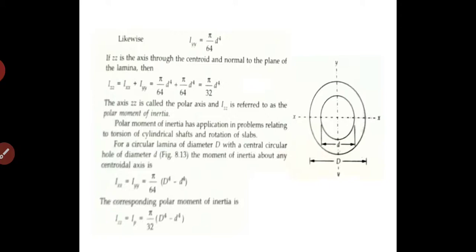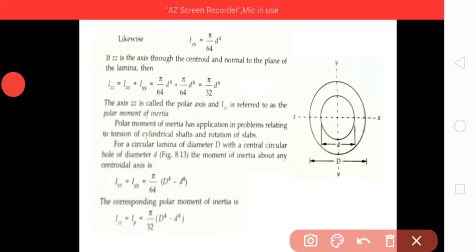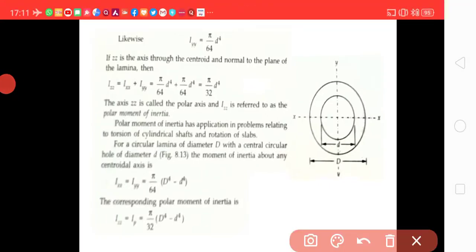If zz is the axis, as I told you earlier, it is the axis which is perpendicular to both the axes, at the point of intersection of these two axes, that is at the point here. So it will be vertical to the plane of paper, it is vertical to both.